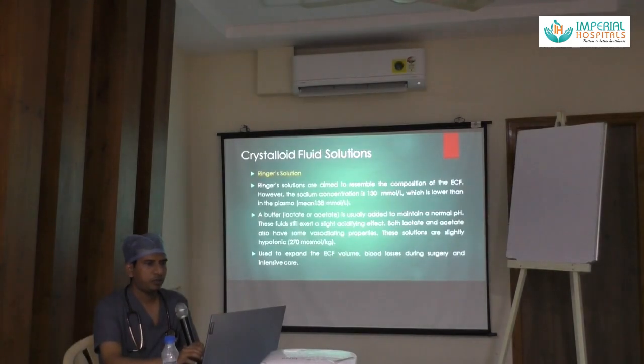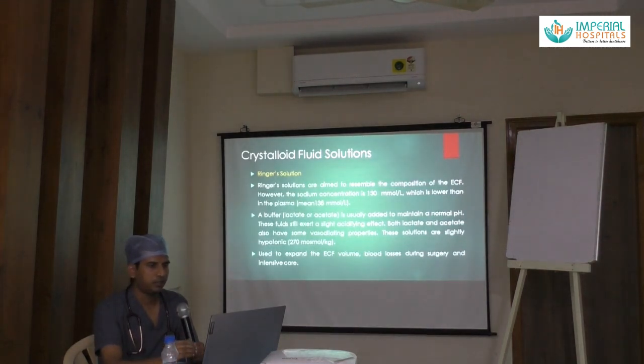Coming to crystalloid fluids, Ringer lactate aimed to resemble the composition of the extracellular fluid. The sodium concentration, however, is 130 millimoles per liter, which is lower than the plasma, which is 138. So a buffer is added, either lactate or acetate. If acetate is added, it is called Ringer acetate.